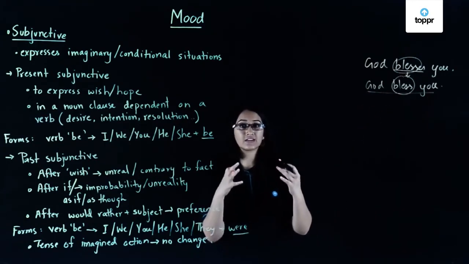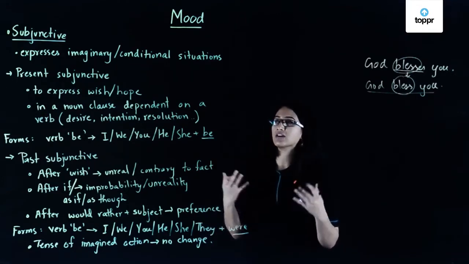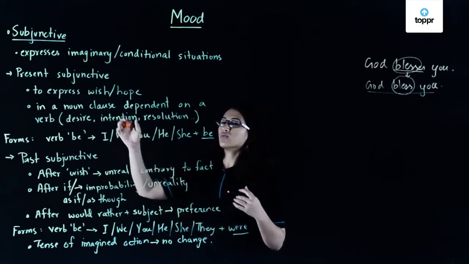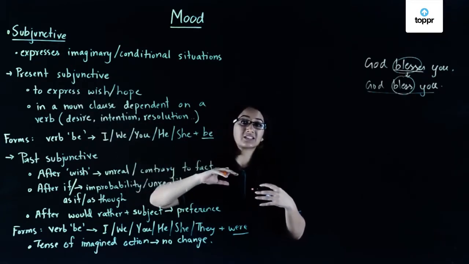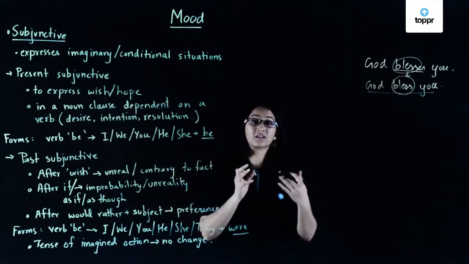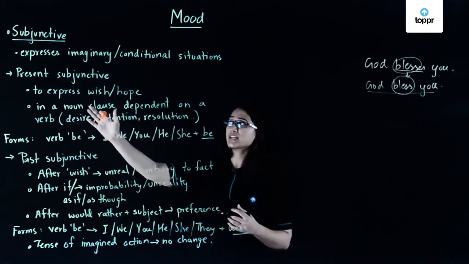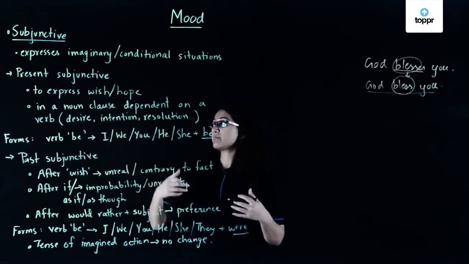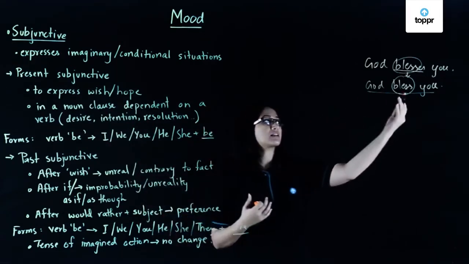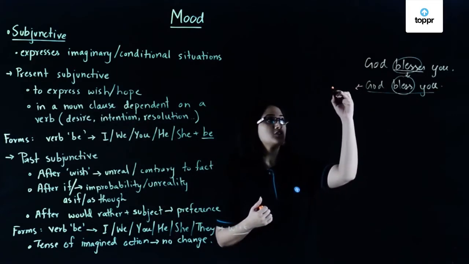Let's take a look at the different types of sentences we have in the subjunctive mood. Now, we've broken it down to present subjunctive mood. So these are basically the verb moods that are in the present tense. We can use them to express a wish or a hope. So maybe I could say, God bless you, which basically is a wish, right?